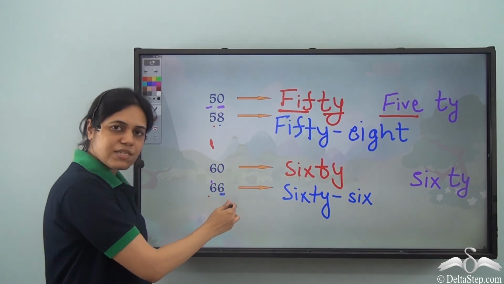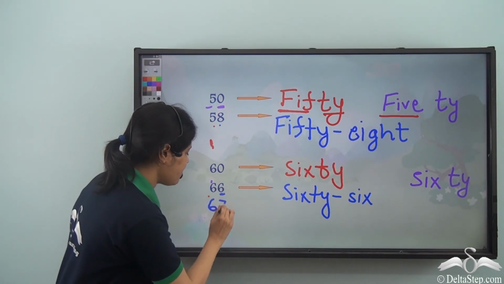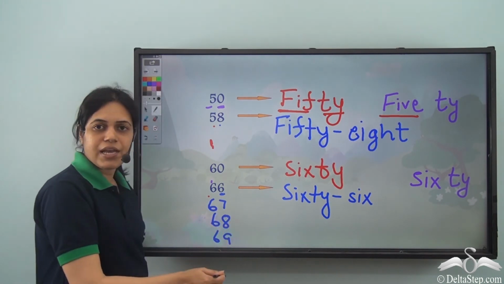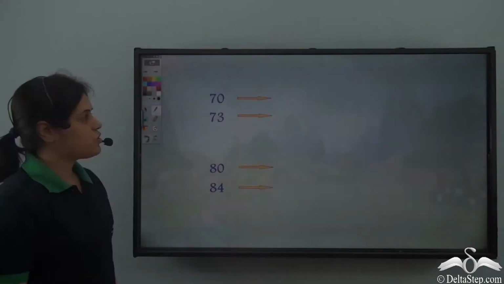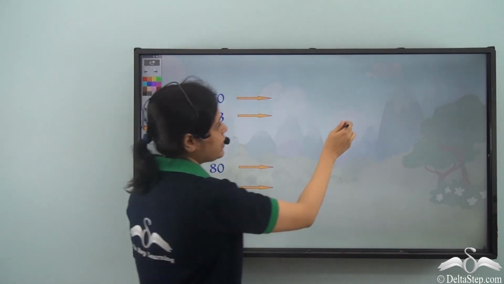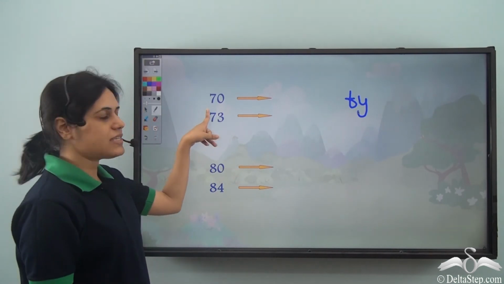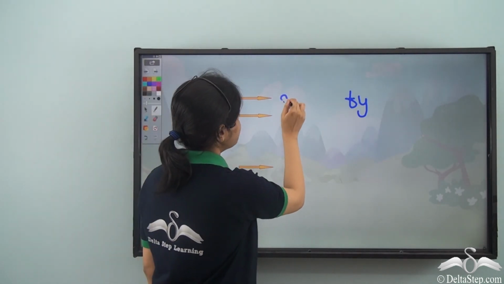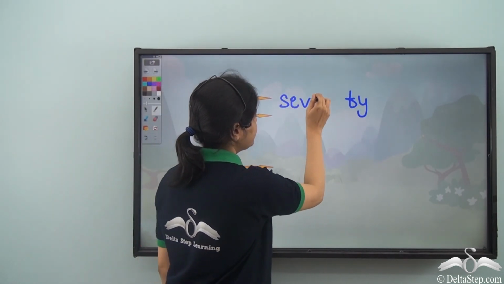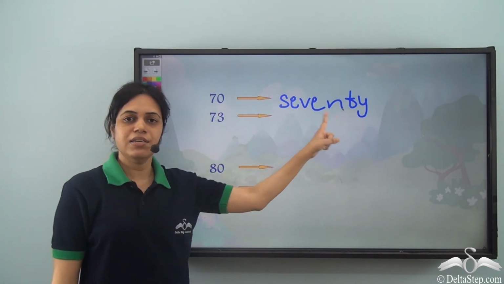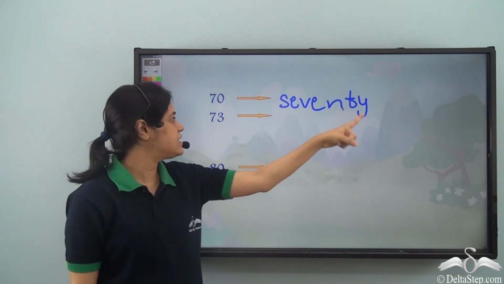Now after 66, we will have 67, 68, 69, and then 70. So 70 means it will end with TY, and this is 7. So let's write 7. So this is SEVENTY.